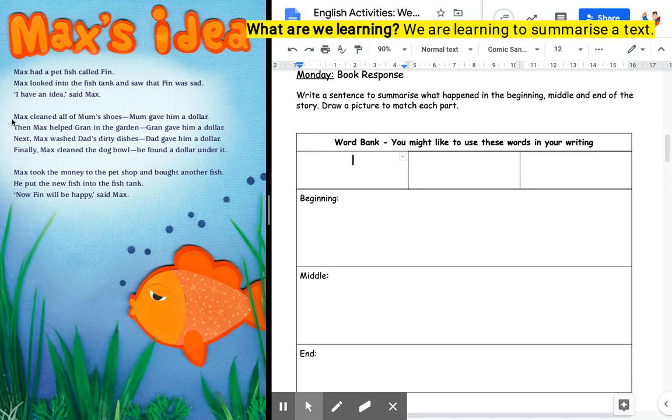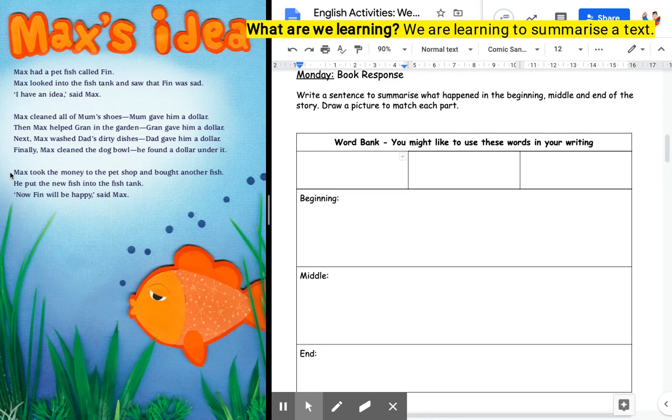Mum gave him $1. Then Max helped Gran in the garden. Gran gave him $1. Next, Max washed Dad's dirty dishes. Dad gave him $1. Finally, Max cleaned the dog bowl. He found $1 under it.